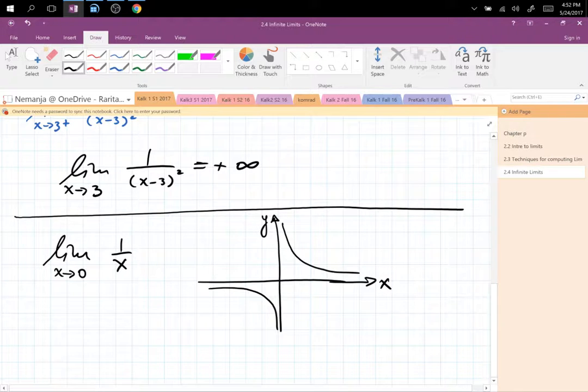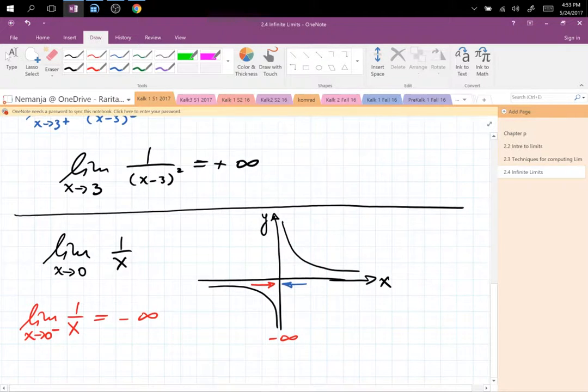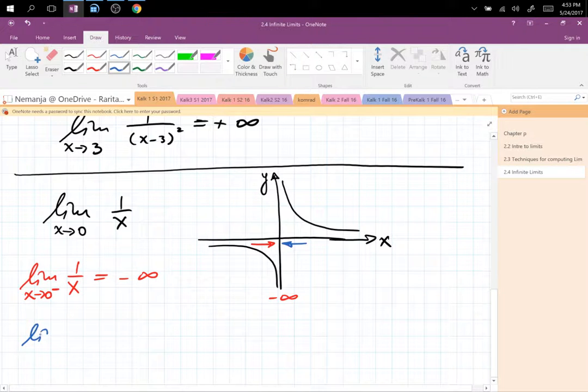So as you draw your graph, you take a look at your approach from the left, which is the limit as x goes to 0 minus, because it's from the left, and you quickly see that the answer is negative infinity. For the blue approach from the right, limit 1 over x, x goes to 0 plus, will give you positive infinity as the answer.